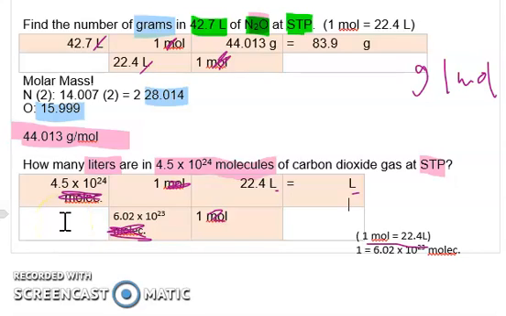Pretty simple. 4.5 times 10 to the 24th times 1, but again, I'm ignoring it, times 22.4. And then that whole number divided by 6.02 times 10 to the 23rd. And that is 167.4 liters. And that's how you do those first two problems.